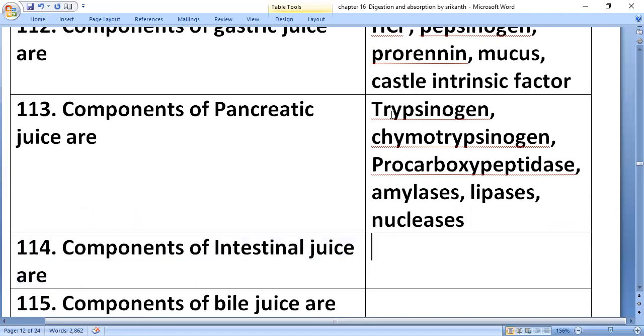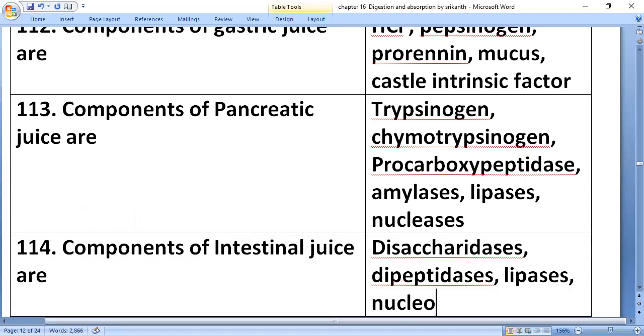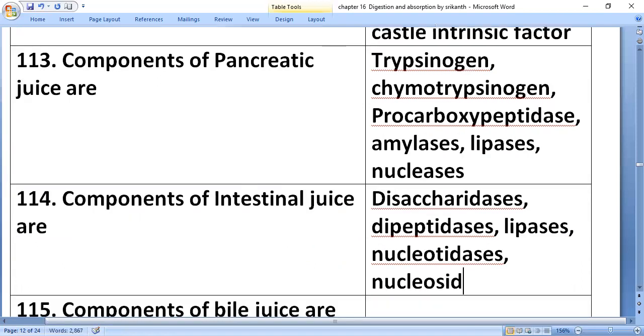Components of intestinal juice are disaccharidases, dipeptidases, lipases, and nucleosidases.